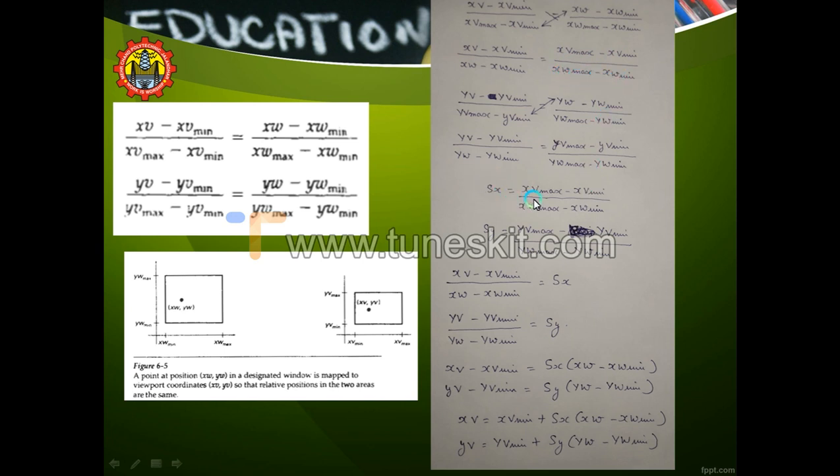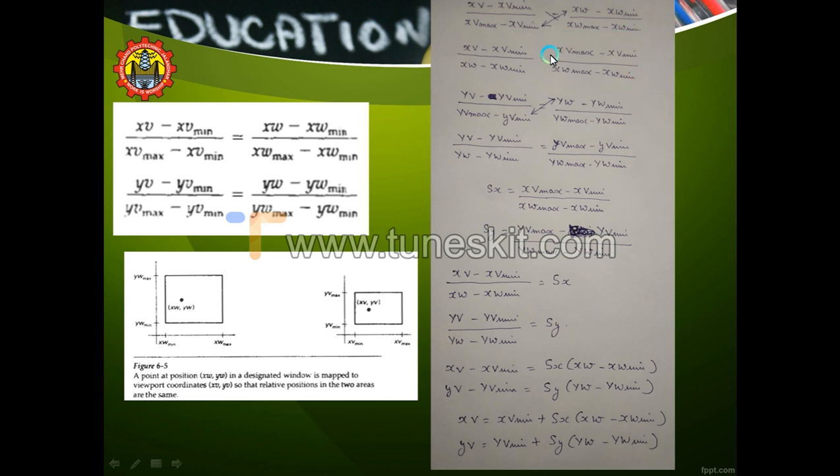This is our formula, right? Same, sy is the scaling factor with respect to y: yv max minus yv minimum over yw max minus yw minimum. This is our scaling factor sy. Now put sx and sy in equation 1 and equation 2.